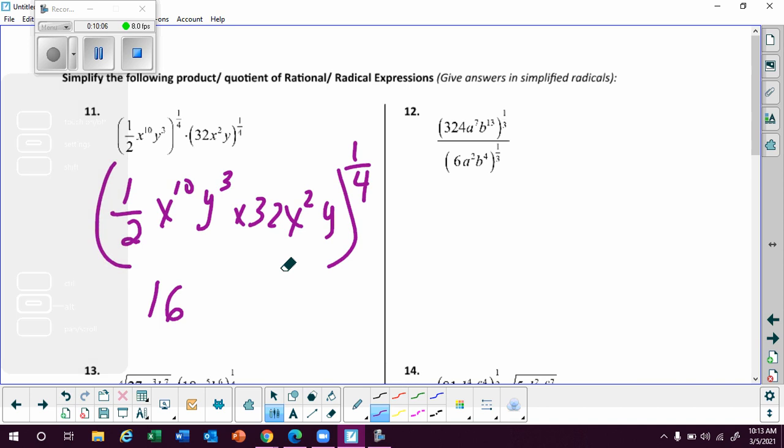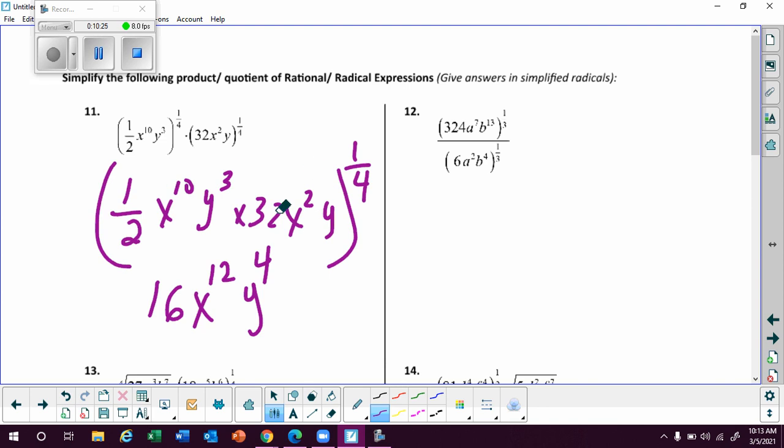And then x to the power of 10 times x squared is x to the power of 12, right? Y cubed times 1y is y to the power of 4, right?